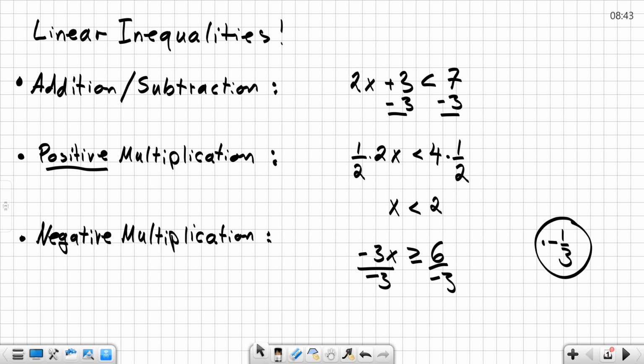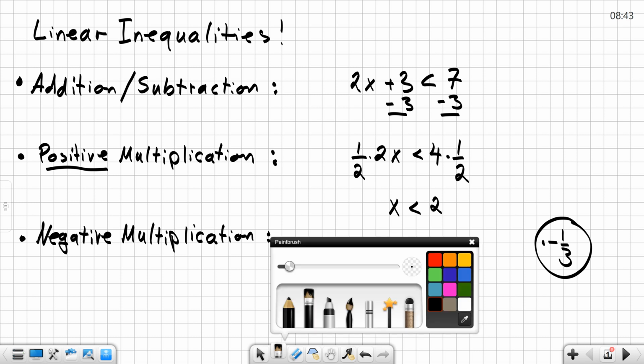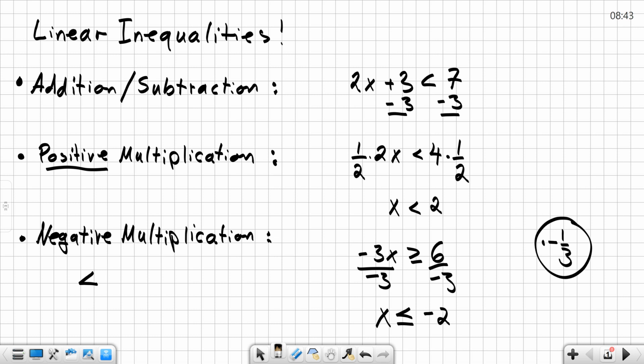What is happening here is that negative 3 divided by negative 3 is x, but my inequality now switches around. And 6 divided by negative 3 would be negative 2. So remember, an inequality switches around when you multiply by a negative number.